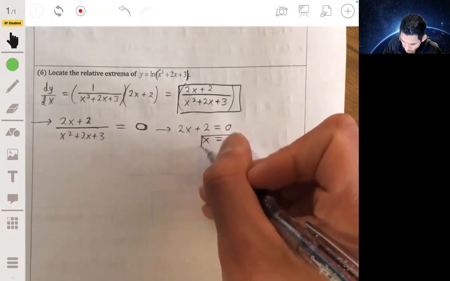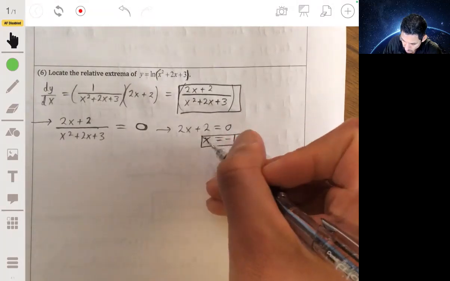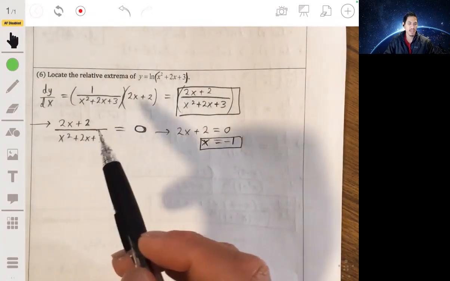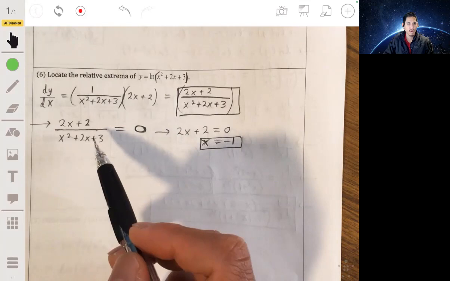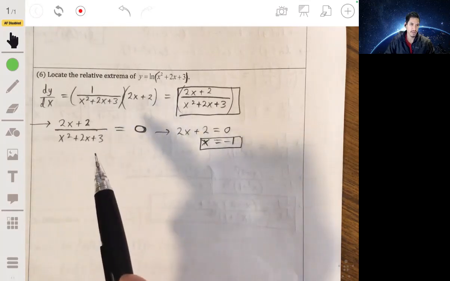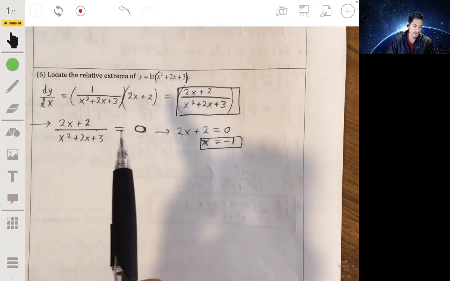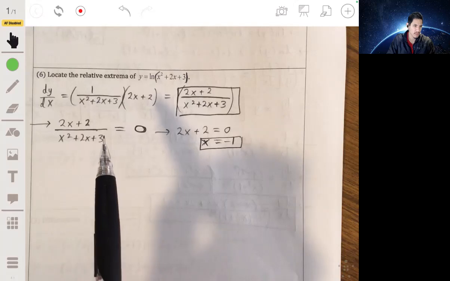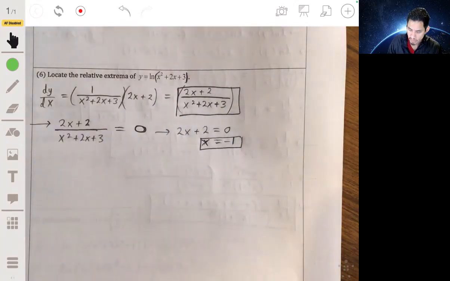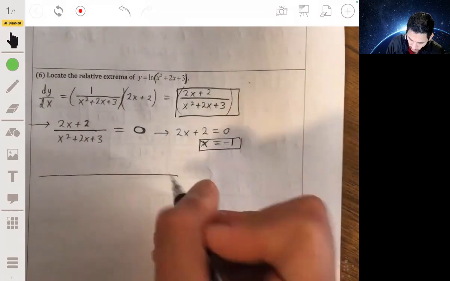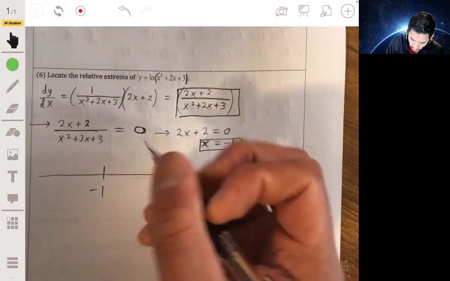So that's going to be one of our critical points. Now, we want to see if there are any undefined values, but we don't have to worry about that since the denominator won't be 0 anywhere. So let's go ahead and make our interval broken up at negative 1.